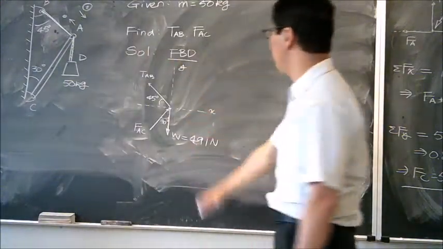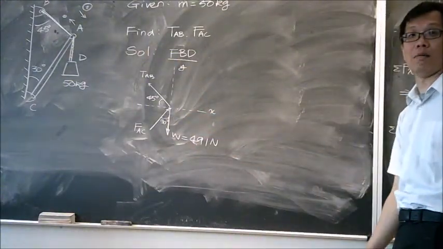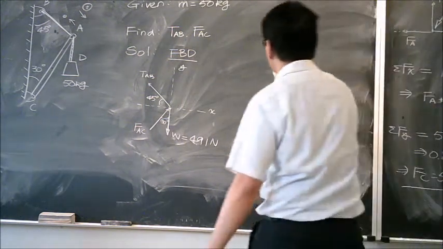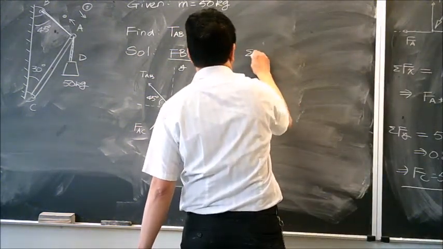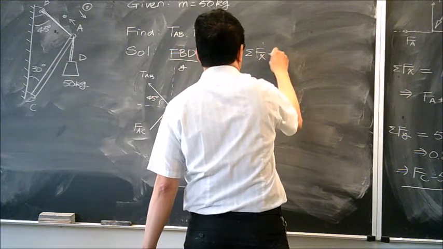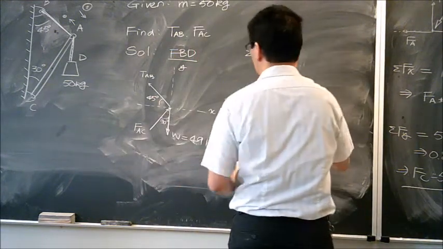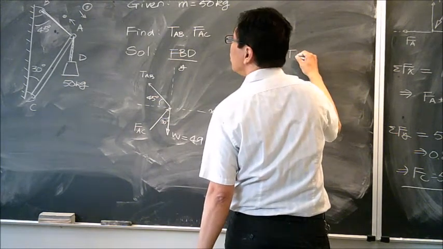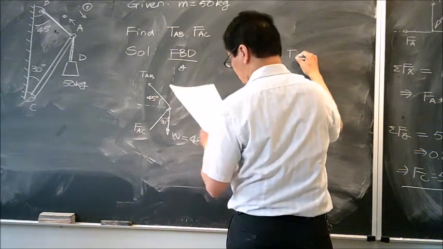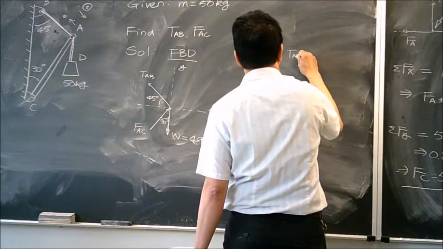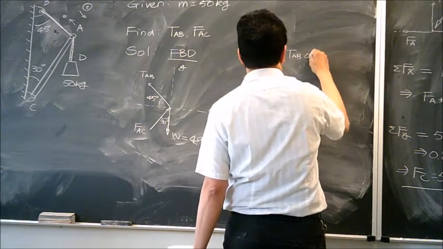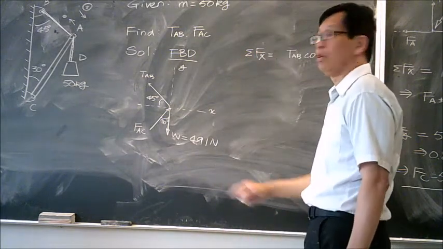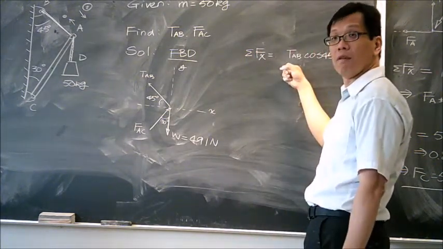Then, if you know what I'm talking about over here, the next step is to write down the equations of equilibrium. That is, the sum of forces in x equals to, FAB cosine 45 degrees. Is that positive or negative? Negative.